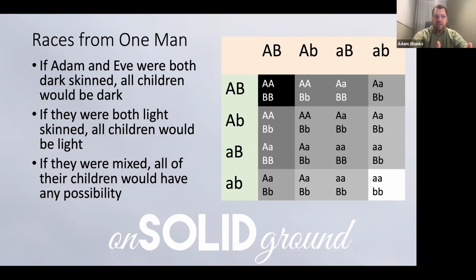Now, we do have differences in our genetics. Based on some of our genetics, we're more susceptible to certain diseases versus other diseases, those types of things. But as a whole, what God created was not light, medium, and dark. What God created was human. And within human, there was the capacity for a beautiful variety of color among humans.